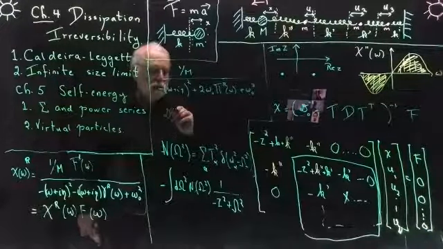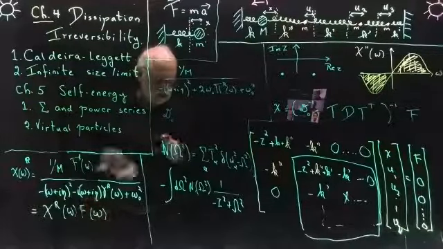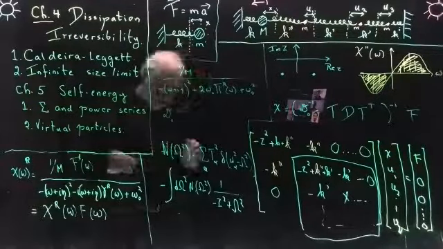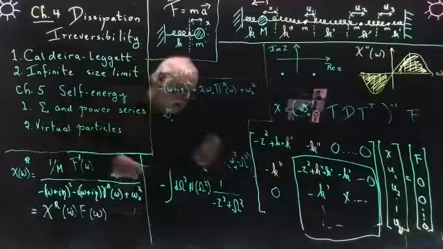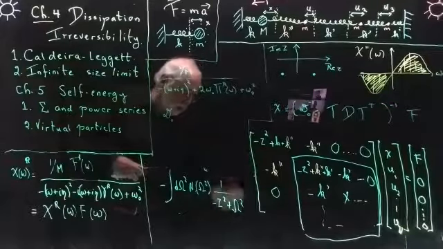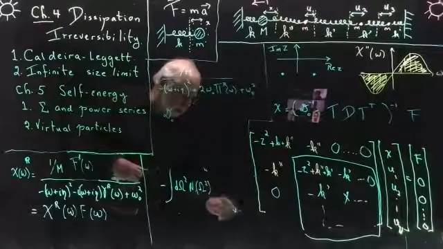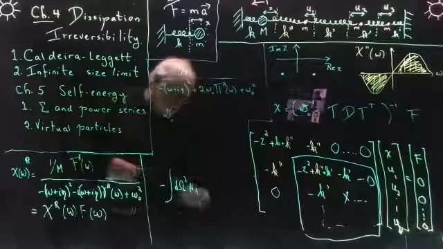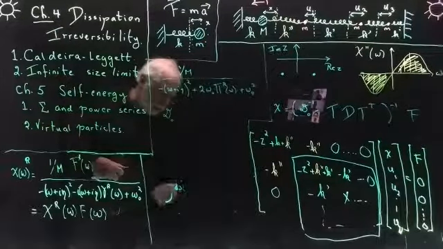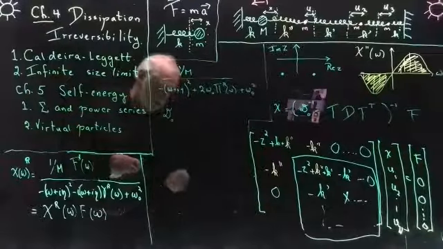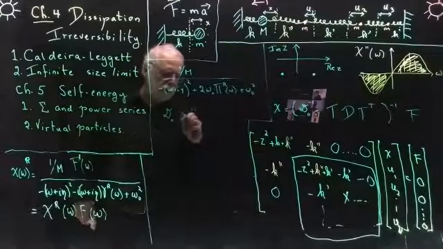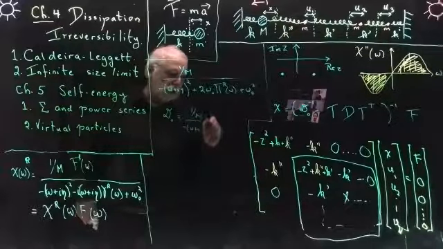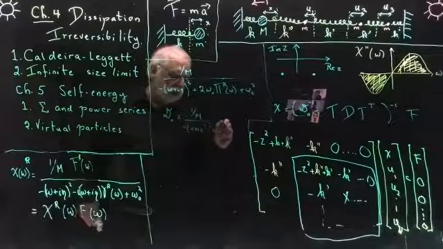D0, where D0 is the non-interacting propagator. D0 is 1 over m times minus omega plus I eta squared plus omega 0 squared.